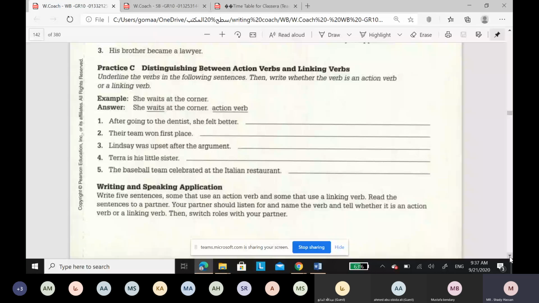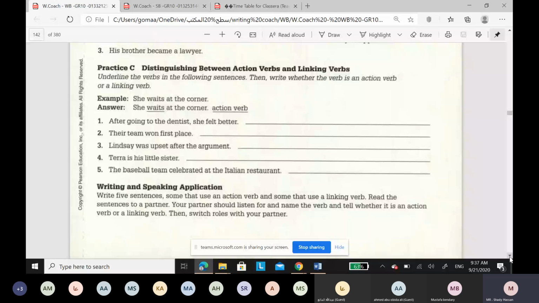Waits in here is the verb and it's an action verb because to wait means you're going to do something. Maybe you're going to stand up waiting or sit down waiting. So you're going to do an action. That's why the verb in here is an action verb, which is waits.